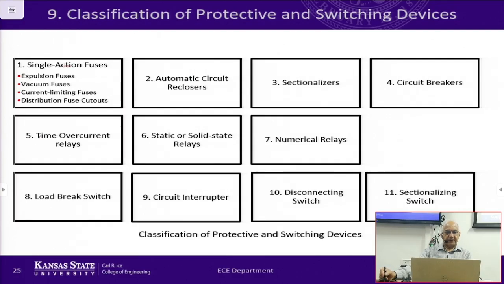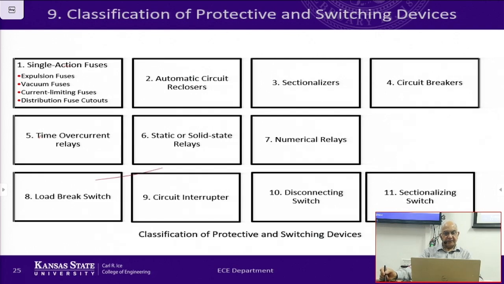Now these relays, in the old days, used to be mechanical relays. Now we have solid state or static relays, and then in addition to that, we have numerical relays, which are like a computer. They are digital relays. There is no moving part in them. It's just everything is static.